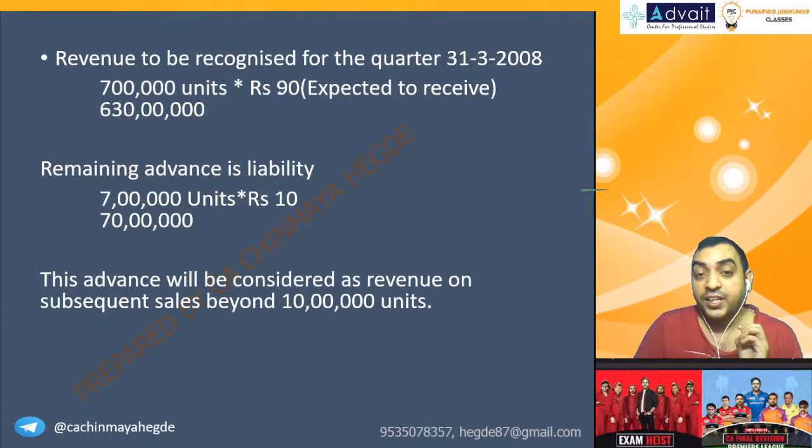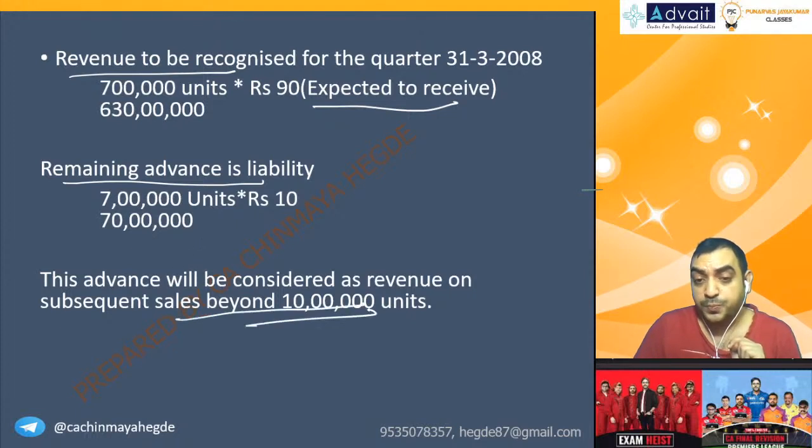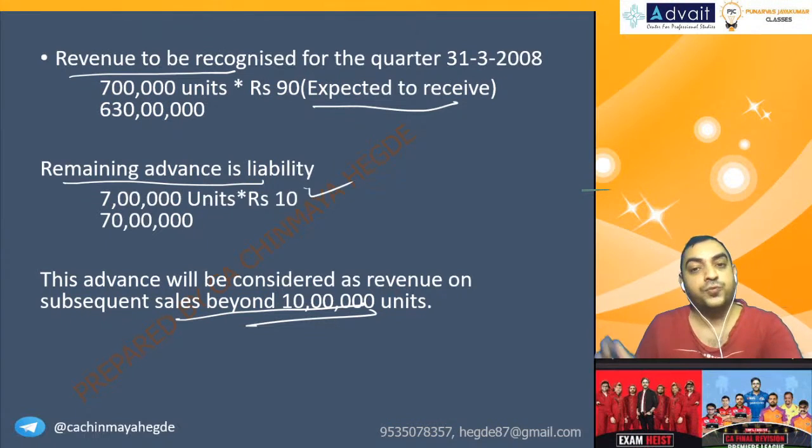So 7 lakh into 90 rupees expected to receive, that will be revenue to be recognized, and the remaining is shown as advance liability. And when subsequent sales beyond 1 million happen, at that point of time the liability will be transferred to revenue. As of now, it will be put in advance, contractual liability.